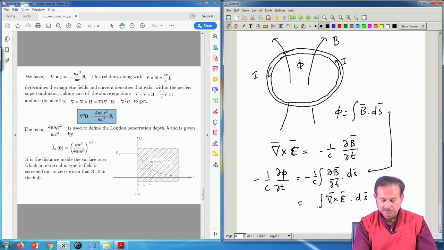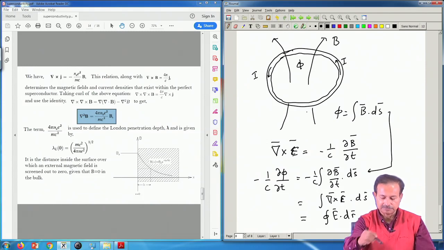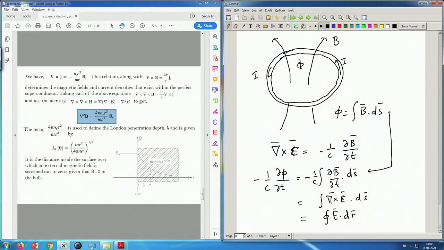Okay. Now, using Stokes theorem we can write this as the integral of E dot dr, where dr is a line element over a contour which is enclosing the surface S. So, what we can do is choose this line over which we are integrating inside the superconductor.